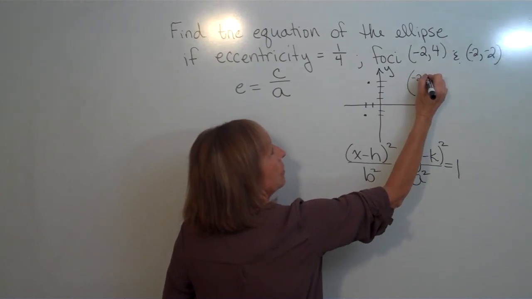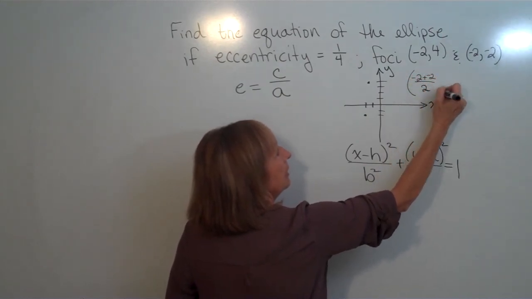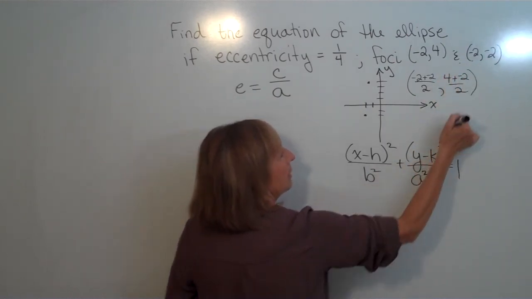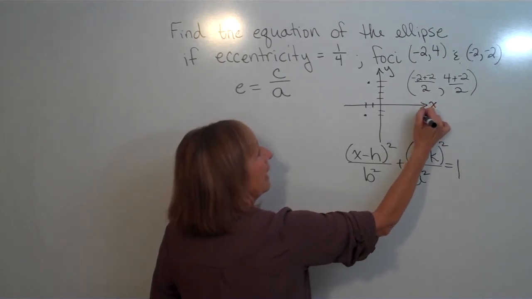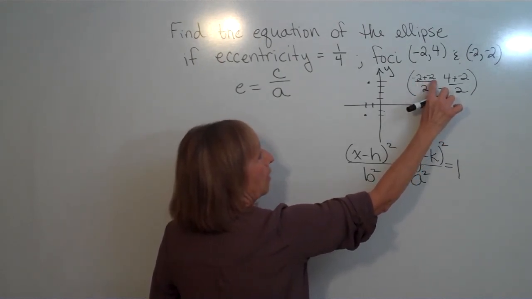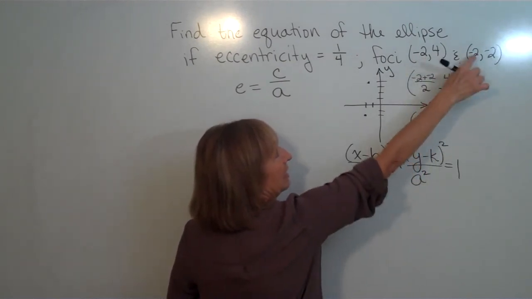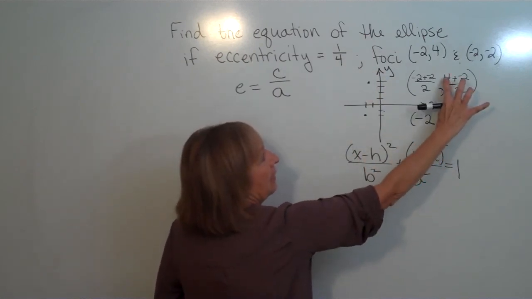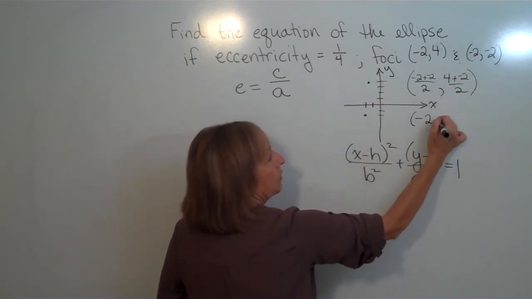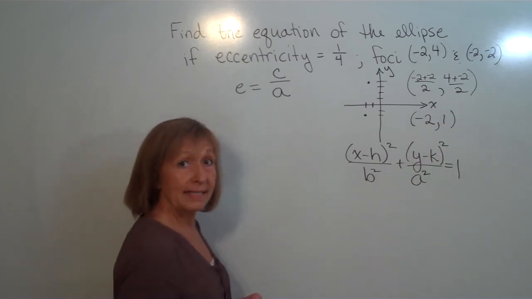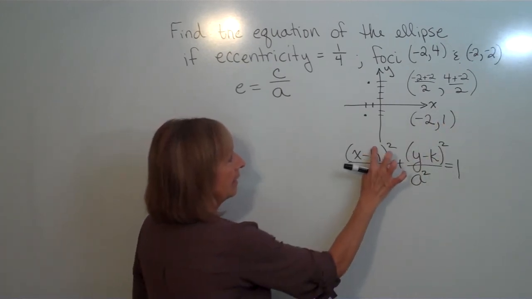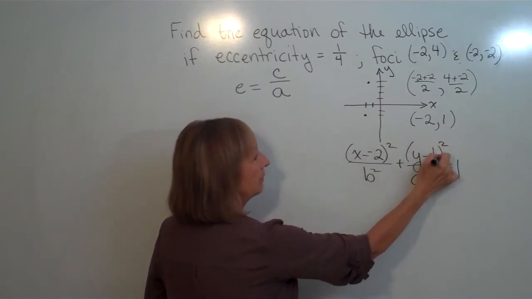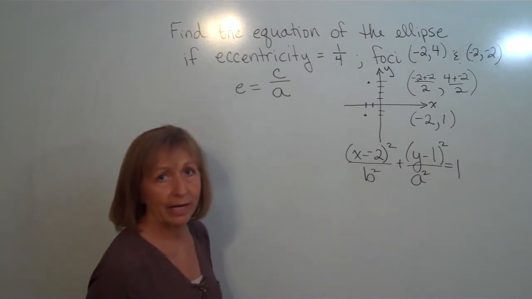So average the x coordinates, (-2 + -2)/2, and average the y coordinates, (4 + -2)/2. For my center, I get -2 plus -2 is -4, divide by 2 is -2, which I expected to be the same x coordinate because of it being a vertical major axis. And then 4 plus -2 is 2, divide by 2 is 1. So my center is (-2, 1). That gives me an h value of -2 and a k value of 1. Your h always goes with your x, your k always goes with your y.